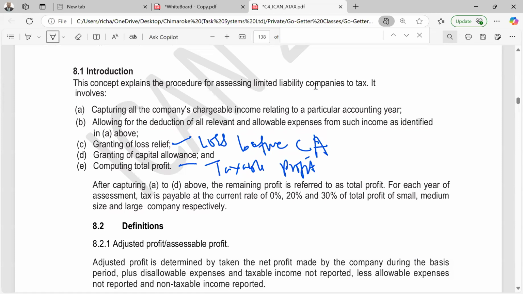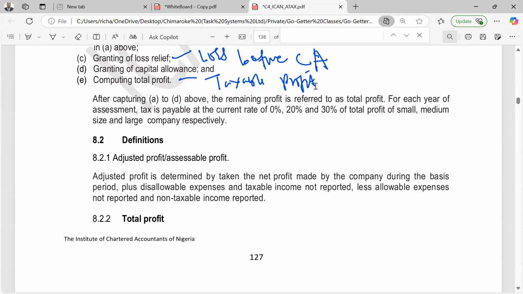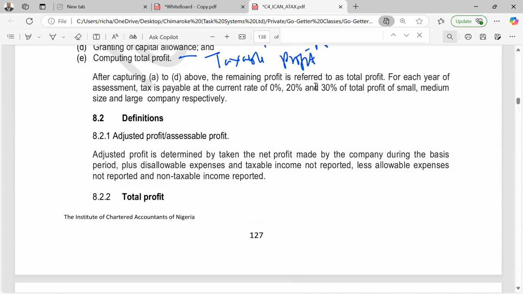We mentioned something called the assessable profit and adjusted profit. Now, what is adjusted profit? Adjusted profit is determined by adjusting the net profit made by the company during the basis period.